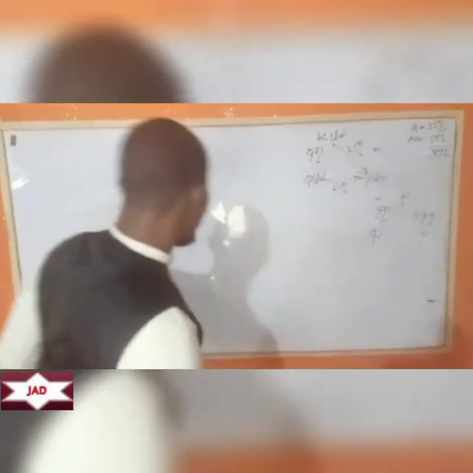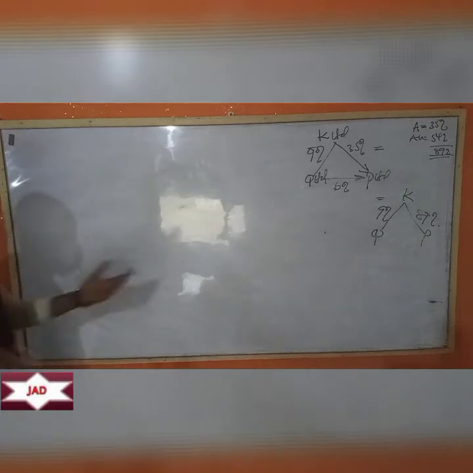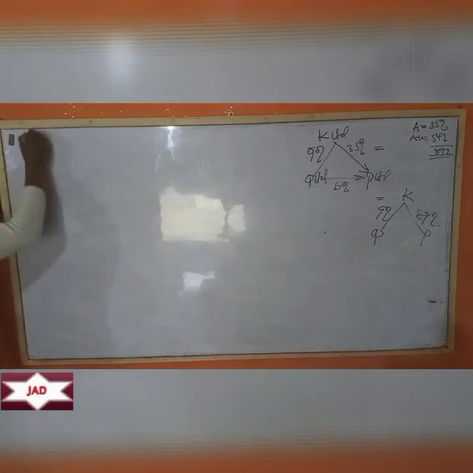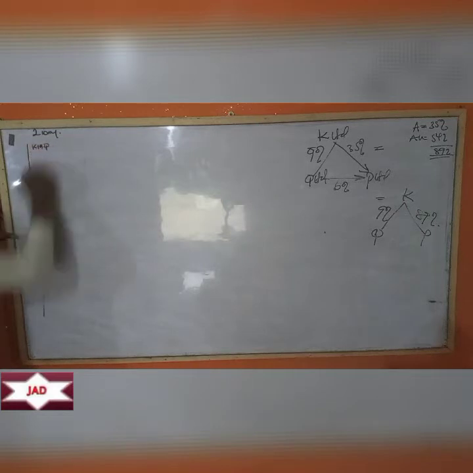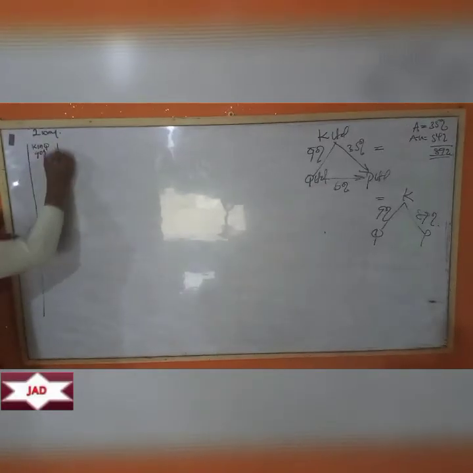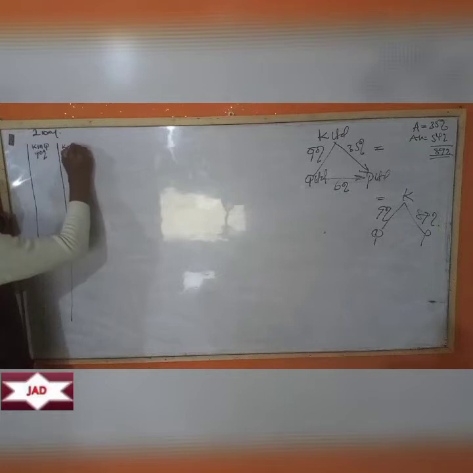So the first one here, let's quickly do the two-way approach with the piecemeal principle. Let's call this two-way. This is K in Q, which is 90%. The next one is K in P, which is 35%.